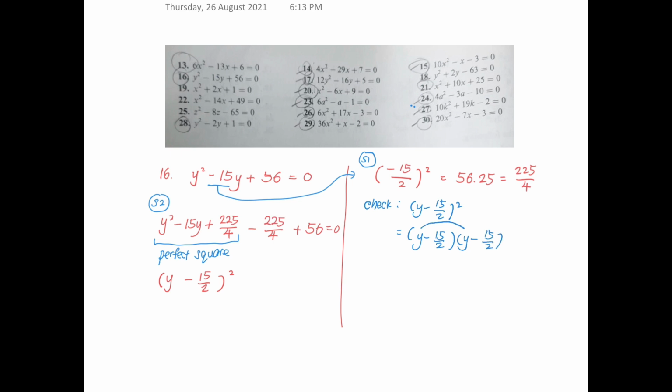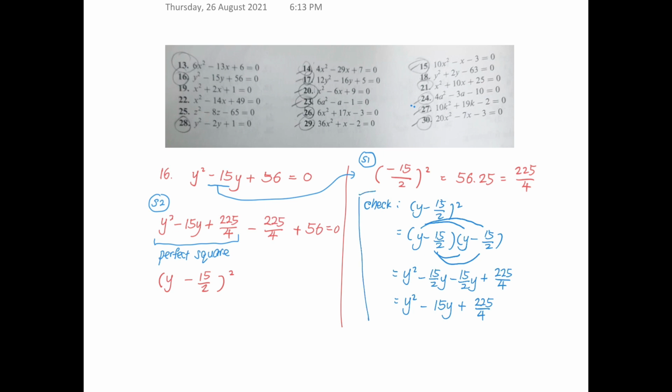So I multiply again and again. y times y, we get y squared. y times minus 15 over 2, I get minus 15 over 2 y. Minus 15 over 2 times y, I get minus 15 over 2 y again. Finally, minus 15 over 2 times minus 15 over 2, I get 225 over 4. If I simplify, y squared minus 15y plus 225 over 4.